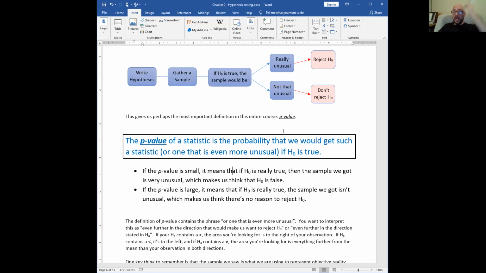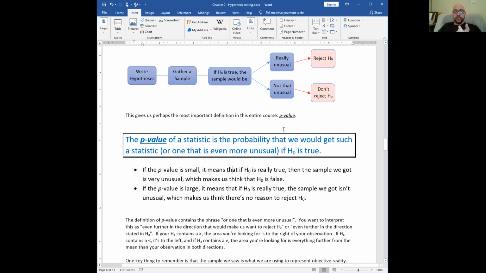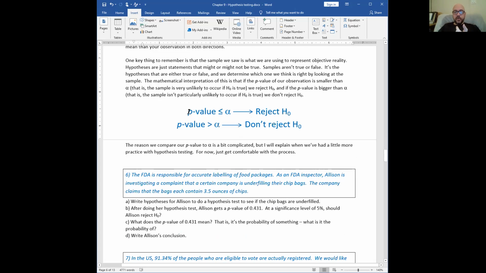So that's the idea. And our definition of relatively large or relatively small is alpha, the probability of a type 1 error. So in general, if the p-value is smaller than alpha, we reject the null hypothesis, because alpha is our cutoff for reasonable probability, essentially.